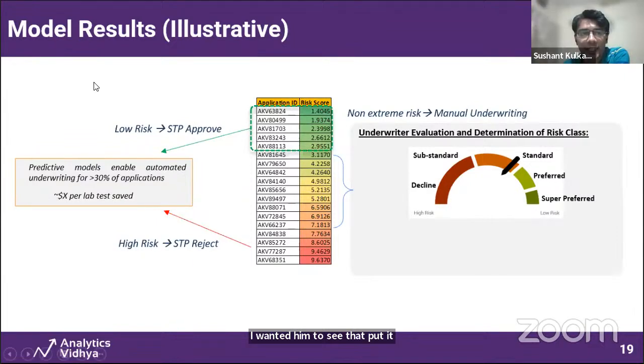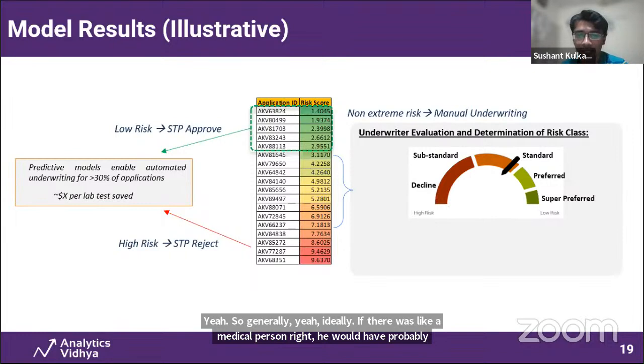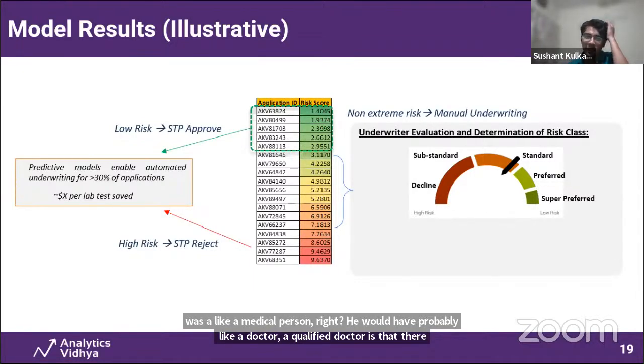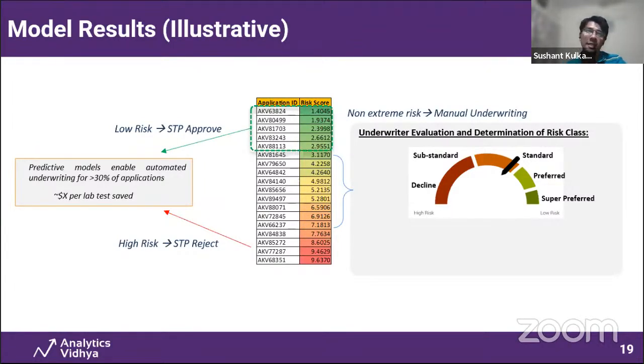Yeah, sure, I can take that. Generally, ideally, if there was a medical person, a qualified doctor, they would understand what the medical condition is and what the underlying drug stands for. But as I was saying, there can be millions of drugs across the world, given the pharmaceutical industry and different dosages, so it's a bit hard to expect the same from the model. But what we can do is augment what a doctor or the underwriter would do.